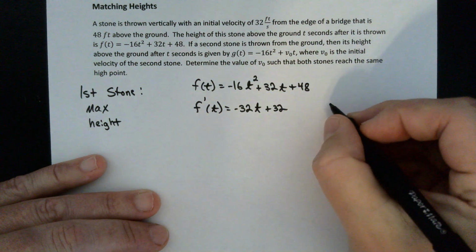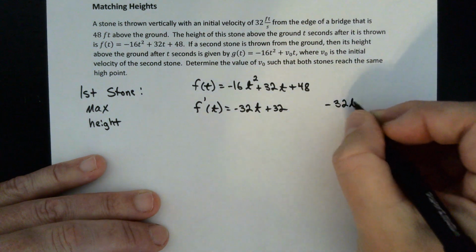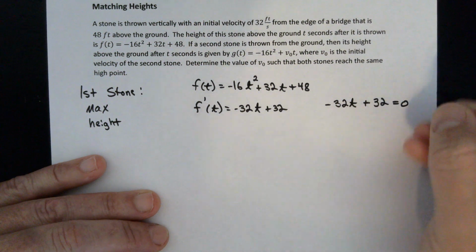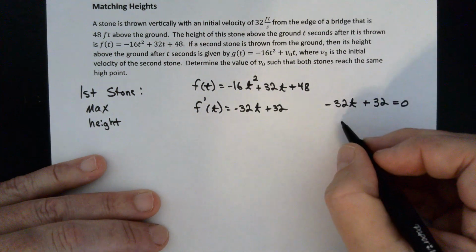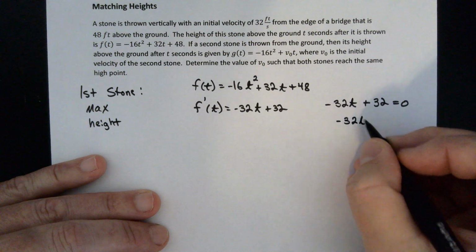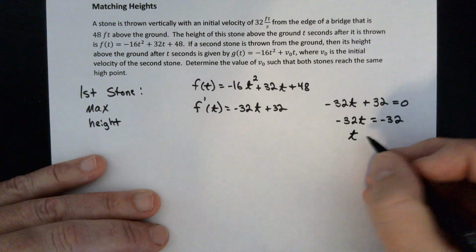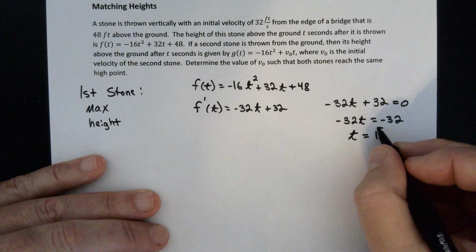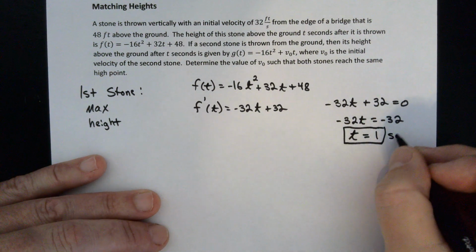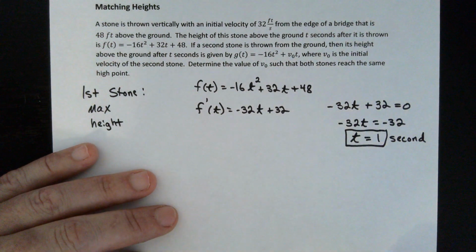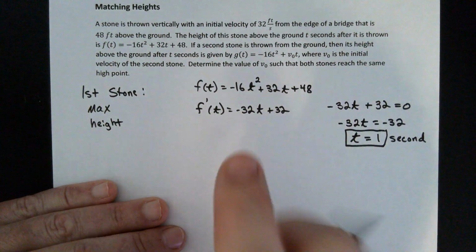So we set negative 32t plus 32 equal to 0. Move the 32 over, it's negative 32t equals negative 32, and divide by negative 32 on both sides, and you get 1 second. That's how long it took the first stone to get to its maximum height. And what is that maximum height?